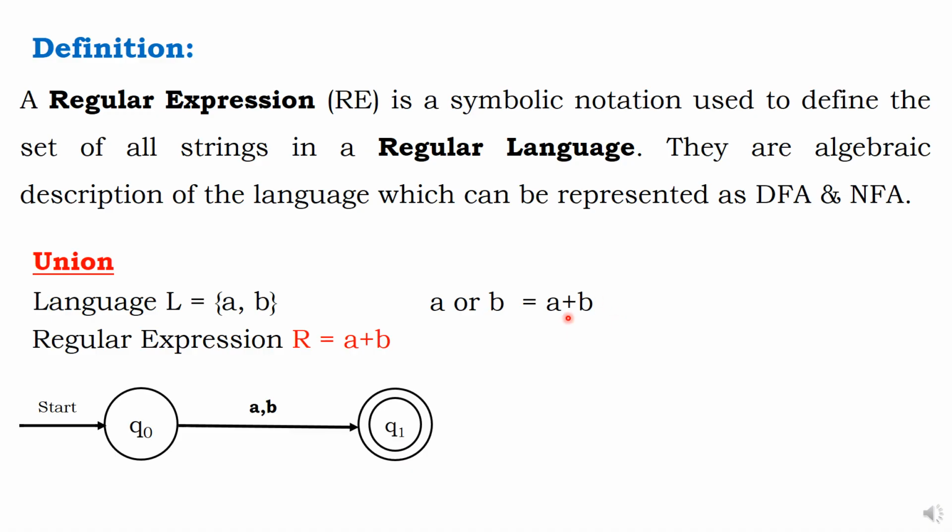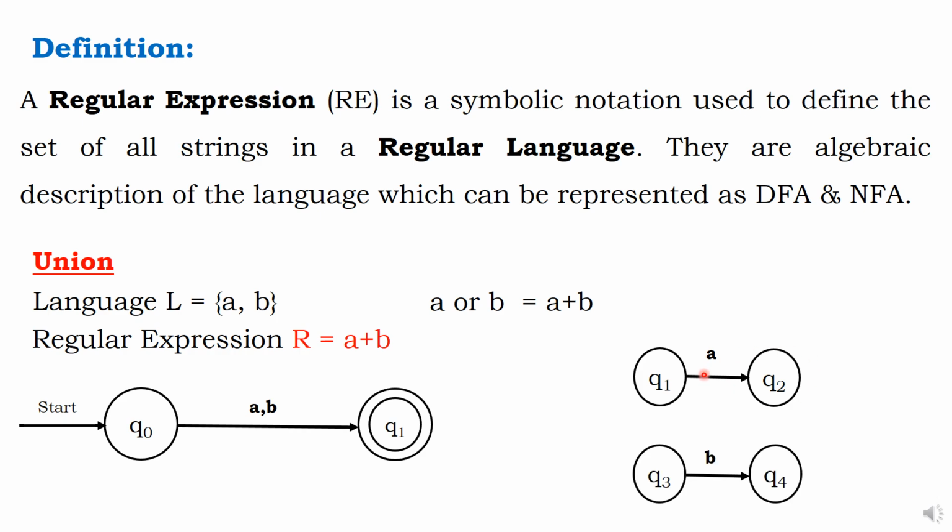What do you mean by A plus B? Either A or B. So we are going to represent it in a different diagram, something like this. This state diagram is for A, or this state diagram is for B. You can take either the A path or the B path. Where is the start, sir? I will bring one starting state and one ending state.